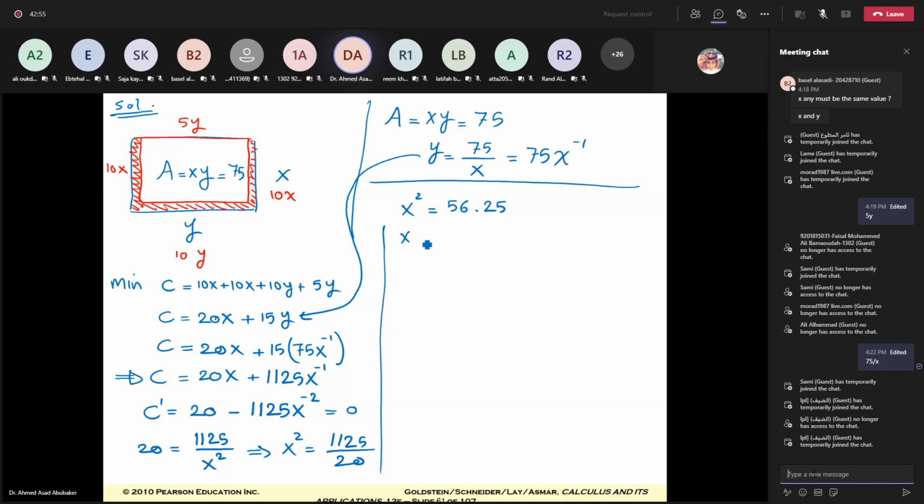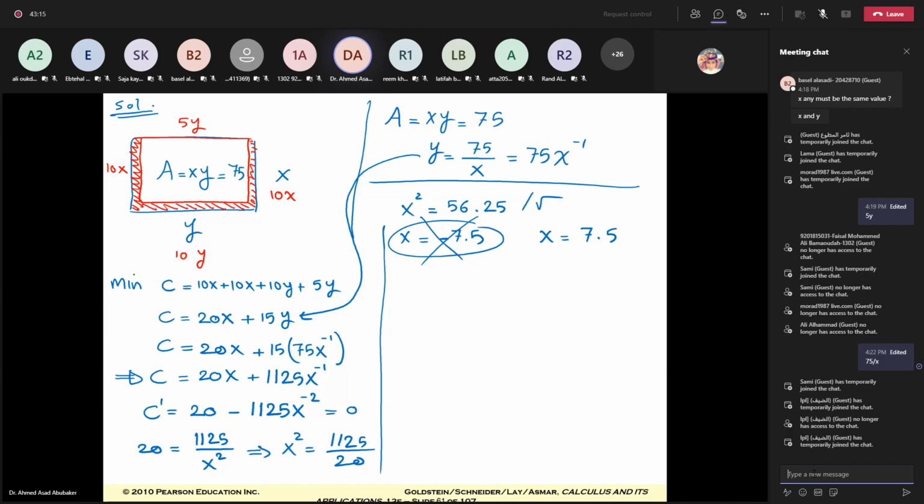So by taking the radical, we have two values, x equals negative 7.5 and x equals positive 7.5. But negative, remove it because this is a dimension. How can the dimension or length of the wall equal negative?